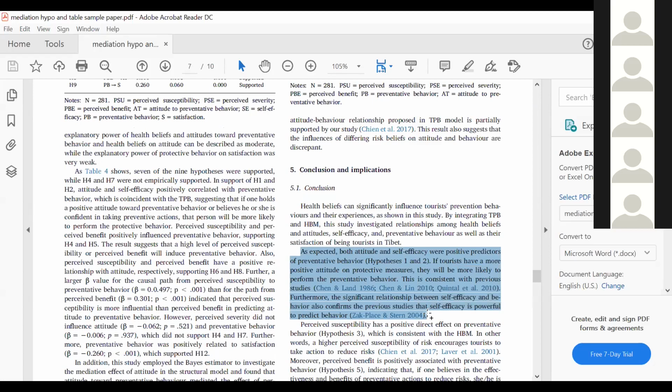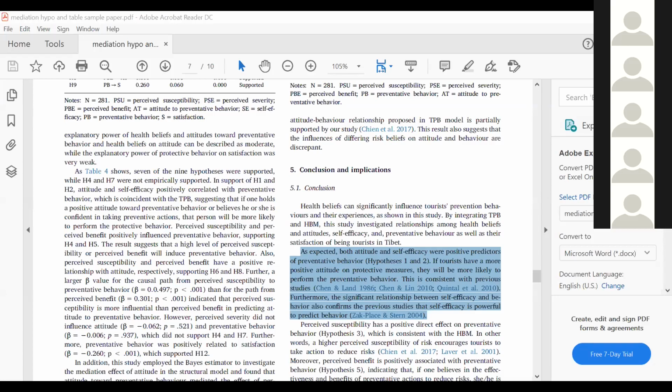I generally start the conclusion chapter, chapter number 5, by saying discussion. What is discussion? Findings and academic implication. This made some hypothesis.